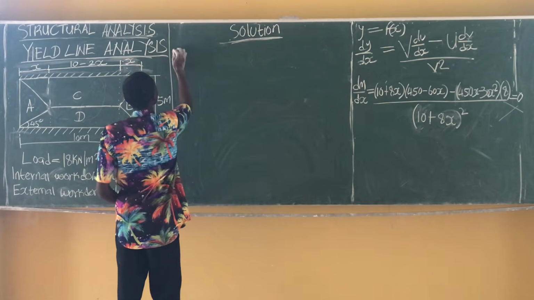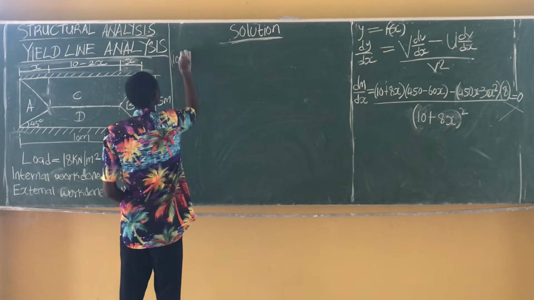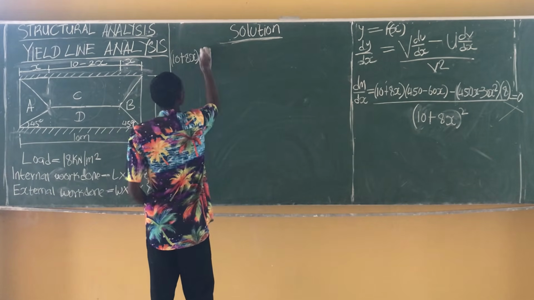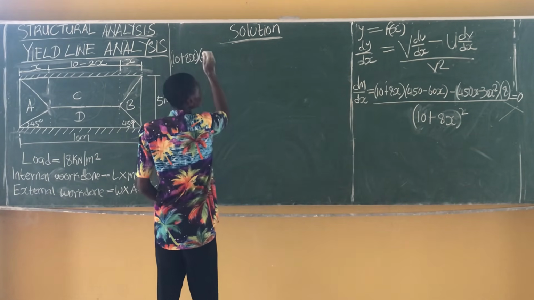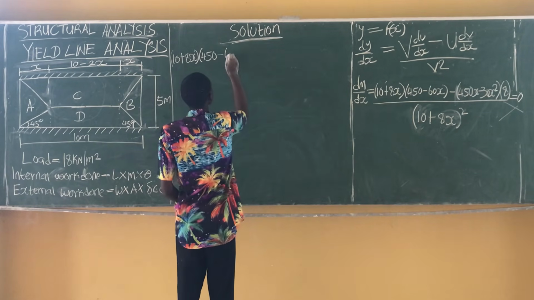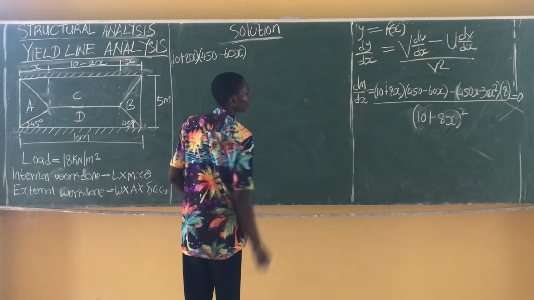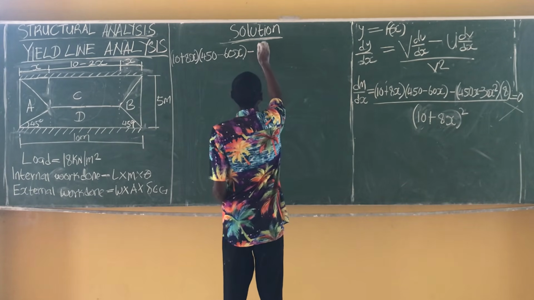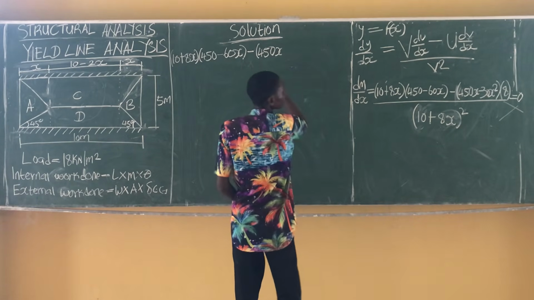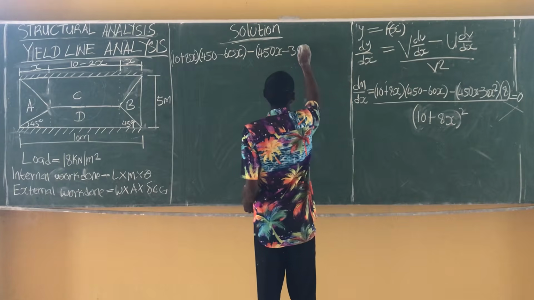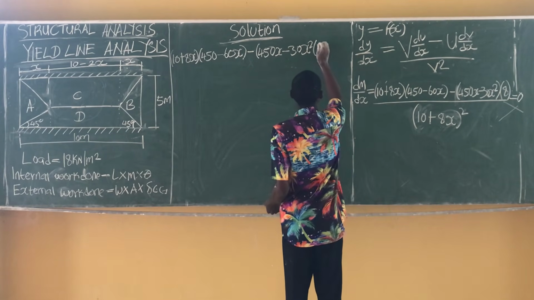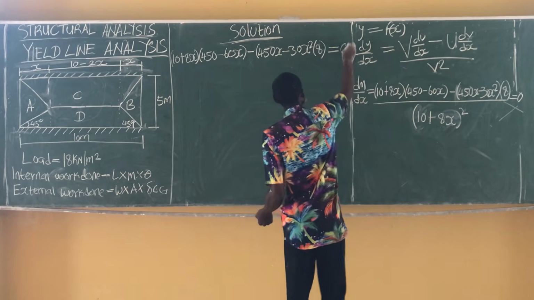So we have (10 plus 8x) into (450 minus 60x), minus (450x minus 30x squared) multiplied by 8, is equal to 0.